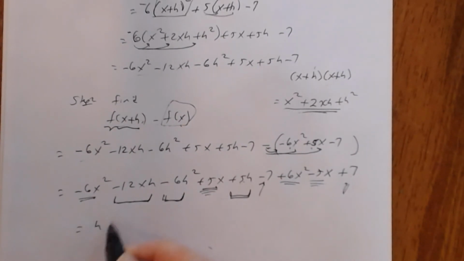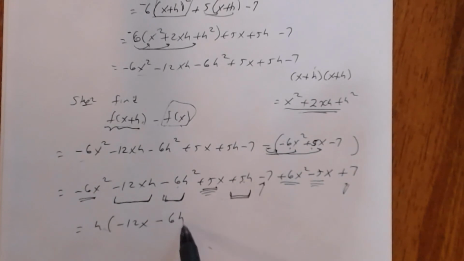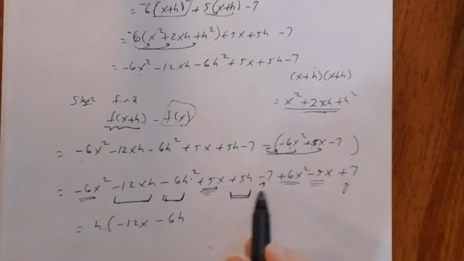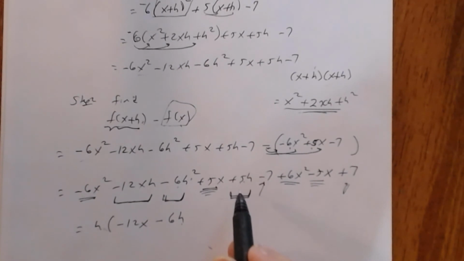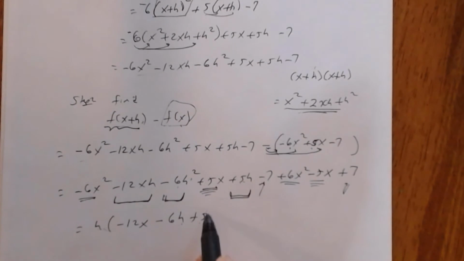So that's going to be h times negative 12x, minus h times a negative 6h. H times h is h squared. And then plus 5, because h times 5 is 5h.